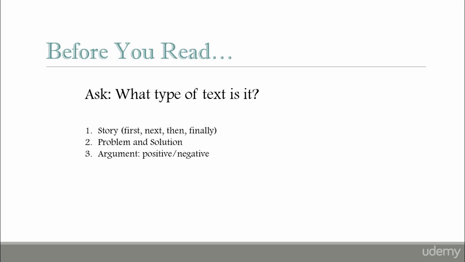Another type of reading passage is an argument. It will show positive and negative aspects of the argument under consideration. So ask yourself, what type of text is it? A story, problem, or argument?